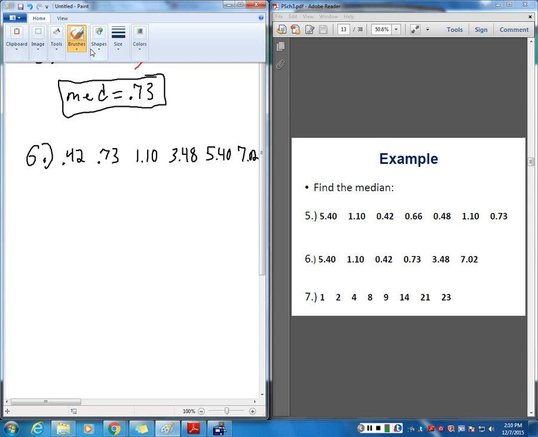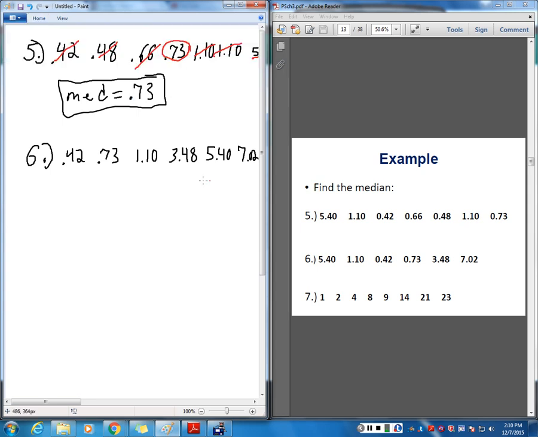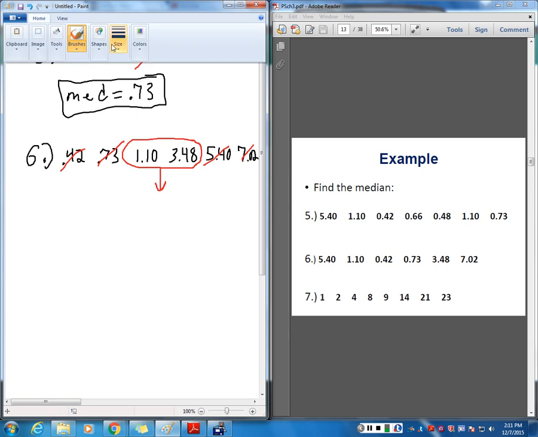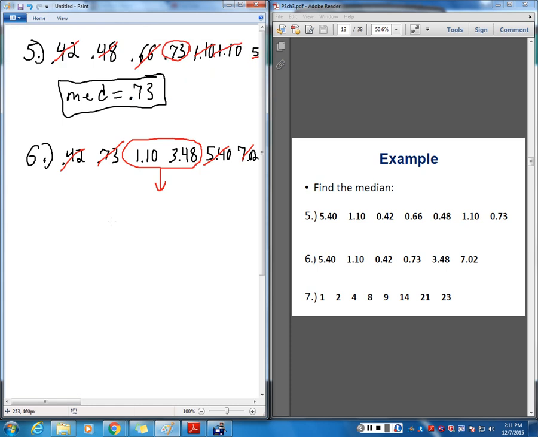All right, let's find the median. It can't be this one or this one. It can't be this one or this one. Uh-oh. I've got two numbers in the middle. Well, when that happens, to find the median, find what's in the middle of the two numbers. And anytime you need to find what's in the middle of two numbers, you add them together and divide by 2.